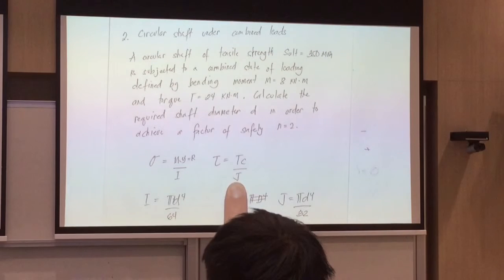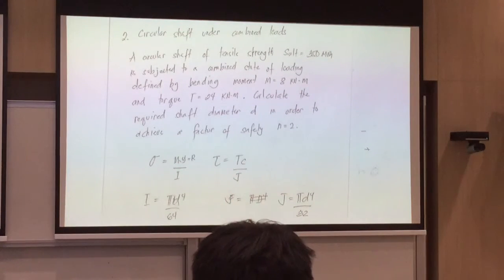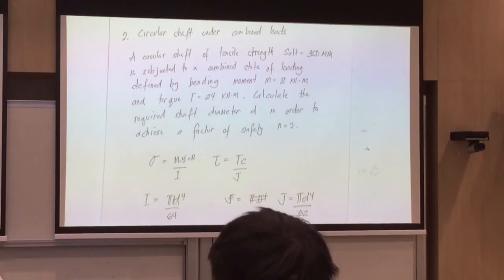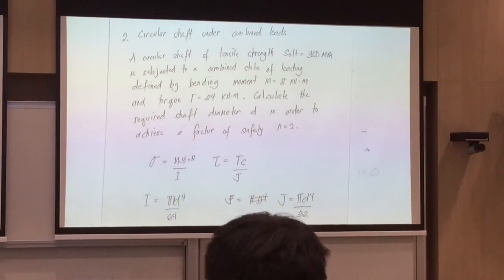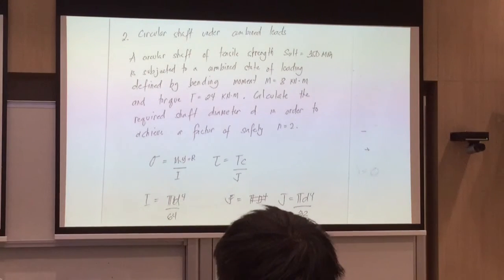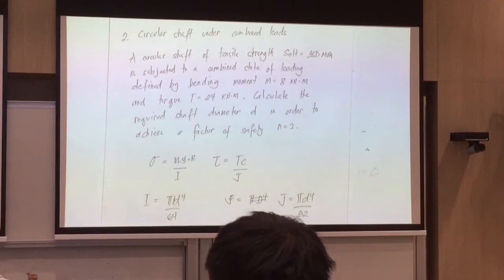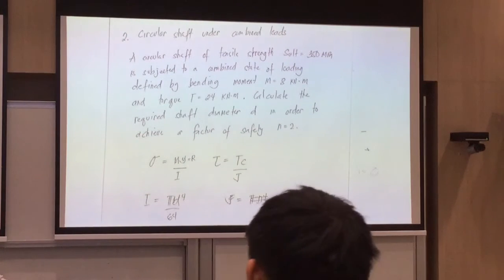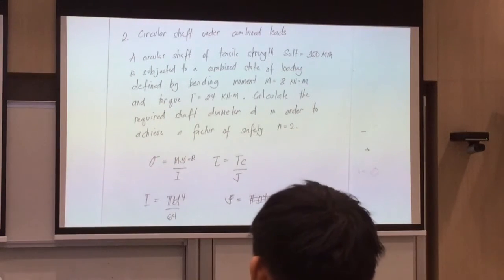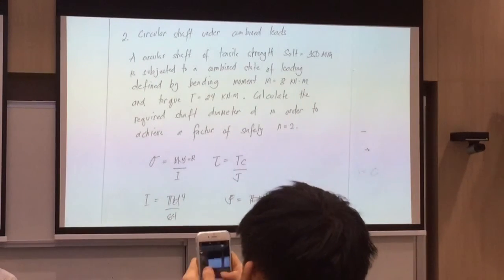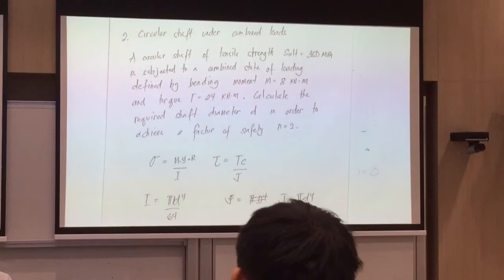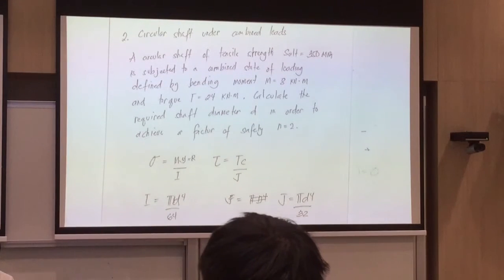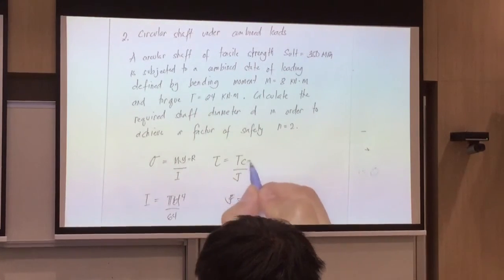Shear stress is Tc over J. What is c? You know the different types of loading conditions, right? Bending, tension, compression, torsion. So your shear stress will be Tc all over J. What is c? Circular solid shaft. Still the radius.